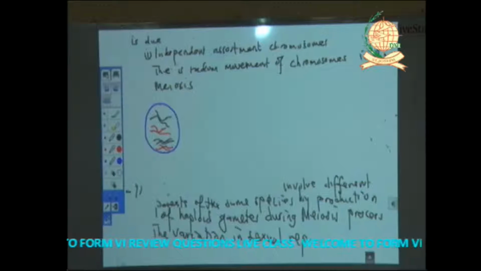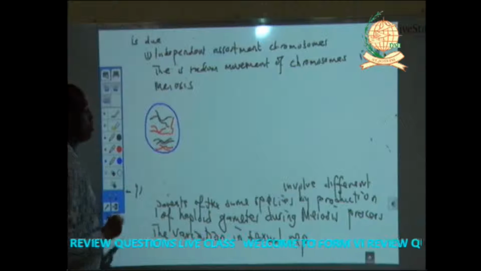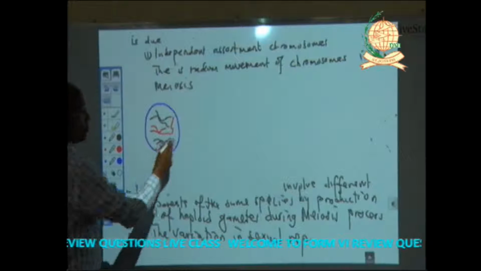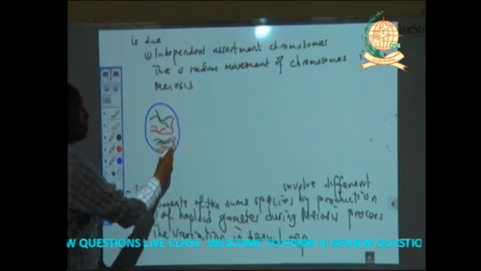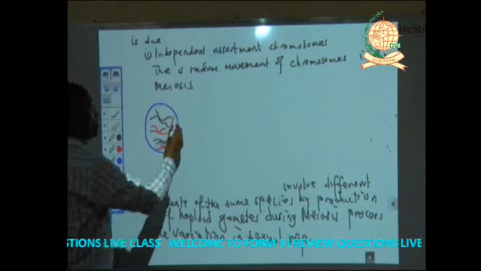During meiosis 1, these two are homologous chromosomes.